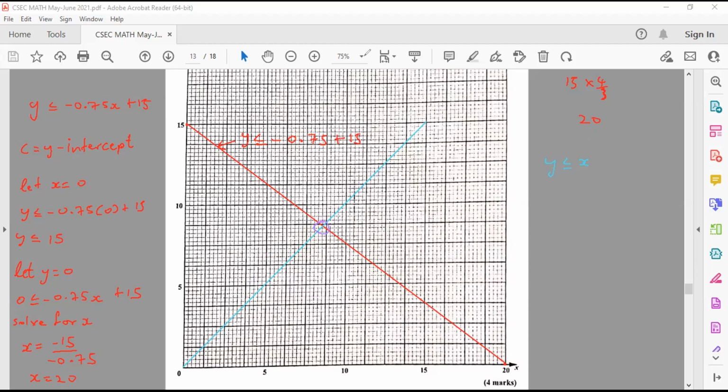And this shaded region here would satisfy the inequality. Right? That part would satisfy the inequality.